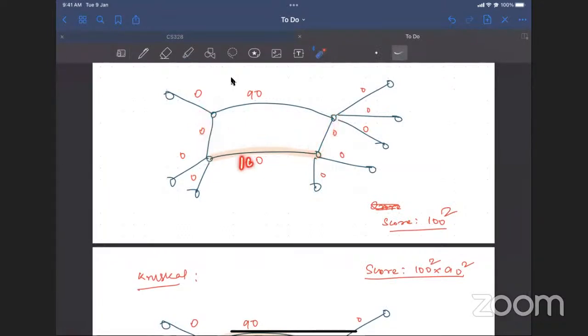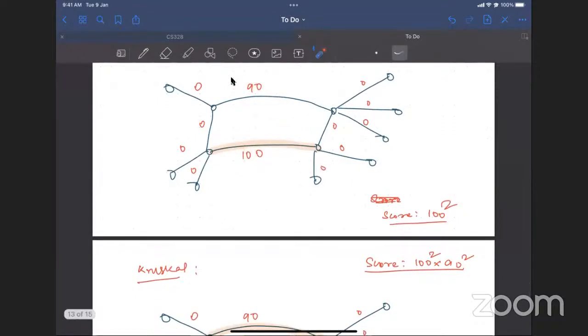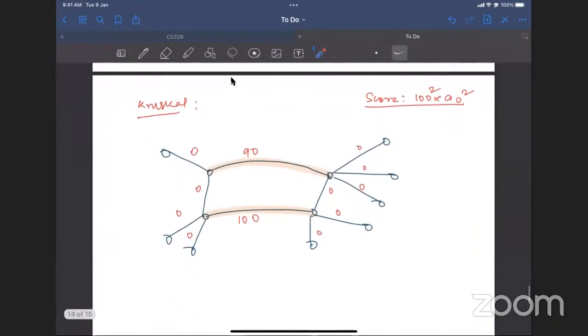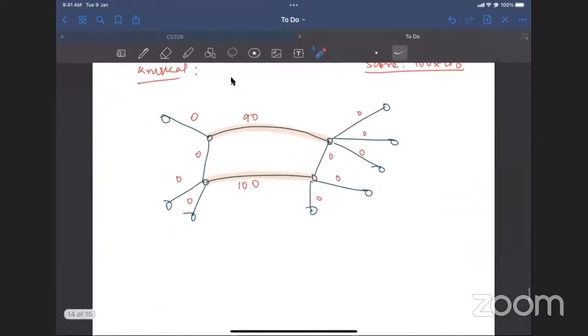So if this has weight 100, then this should be 100. This cannot be 90. Is that right? Yes. So this is 100 and this is 100. I think that is right.